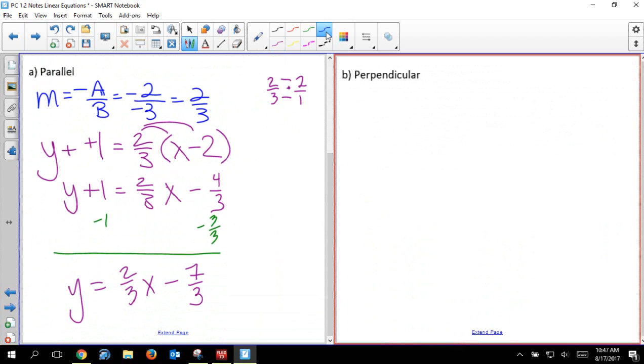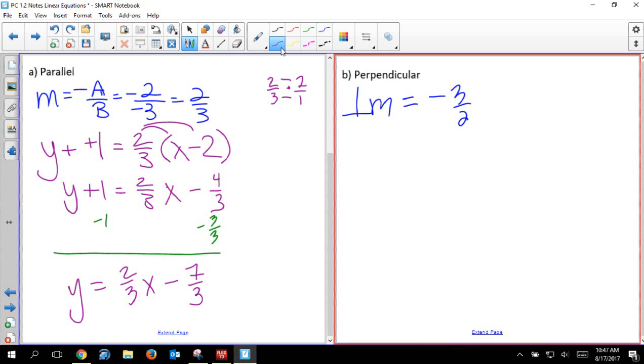When we do perpendicular, it's all the same steps, with the exception of step number 1: you can't use the same slope. It has to be the opposite, the negative, and the reciprocal. So if that one's 2/3, I'm going to be doing -3/2. I have to switch the sign and flip it. From there, all the steps look the same.